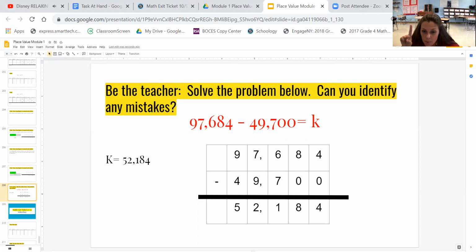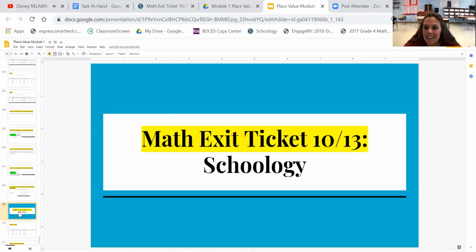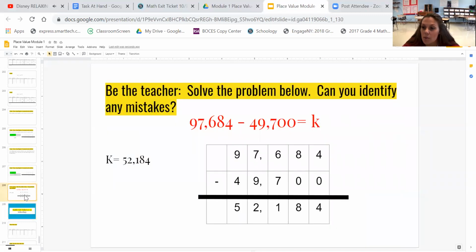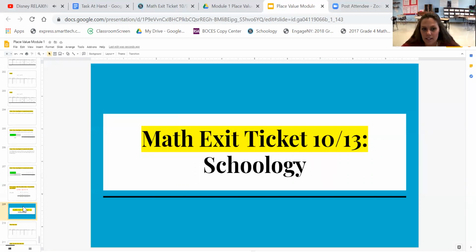Again, first solve the problem. If you get the same answer, great, they did it right. If you don't get the same answer, you got to identify what they did wrong, because I'm assuming they did it wrong. Okay, so you'll go on Schoology to answer that question, but you can solve it right on your whiteboard right now, okay? Again, your exit ticket is on Schoology.